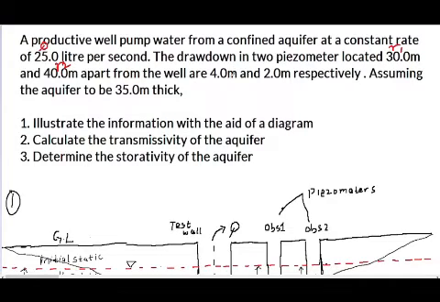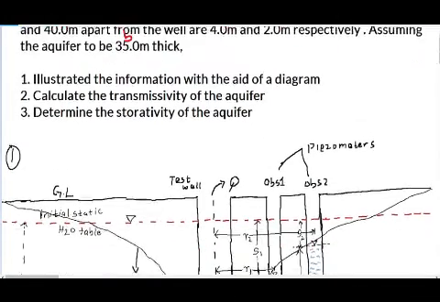The drawdown, which is S, is given as 4.0 meters, which is S1, and 2.0 meters, which is S2. The thickness of the aquifer is given as 35.0 meters, which is B.